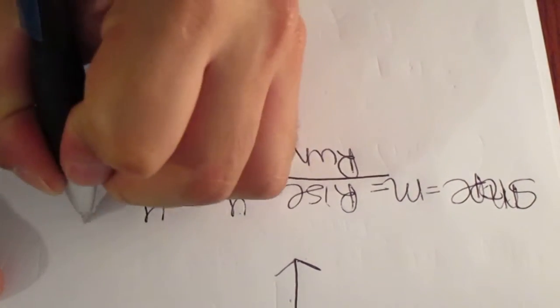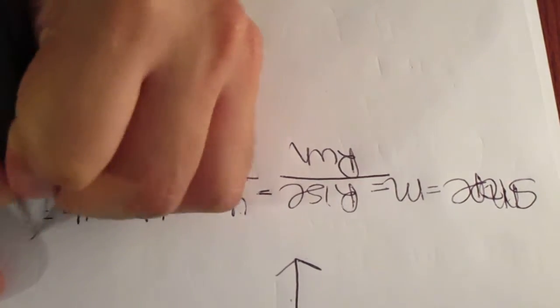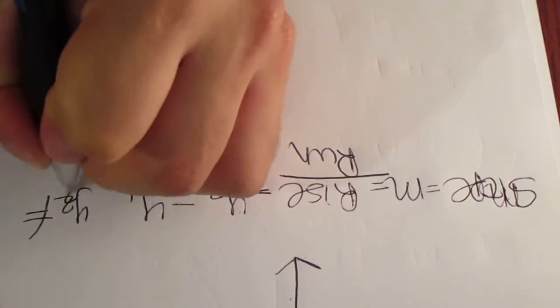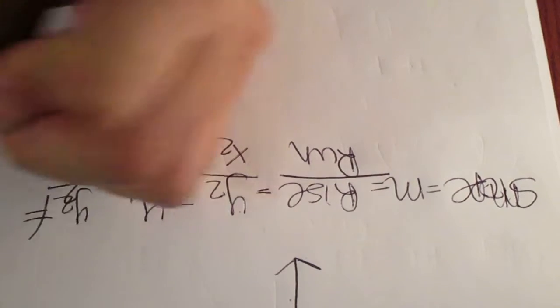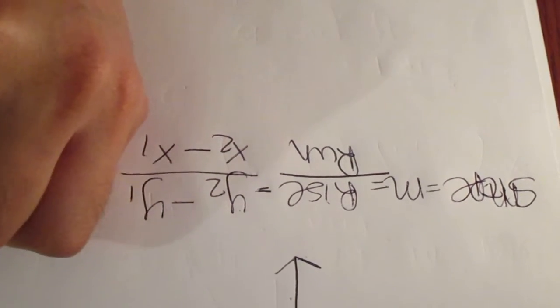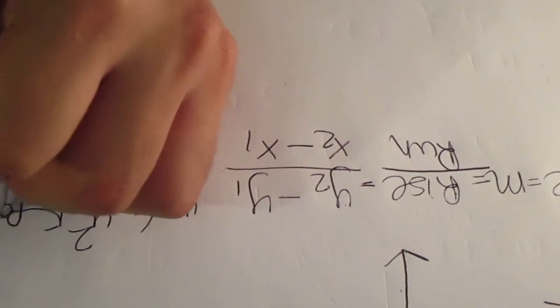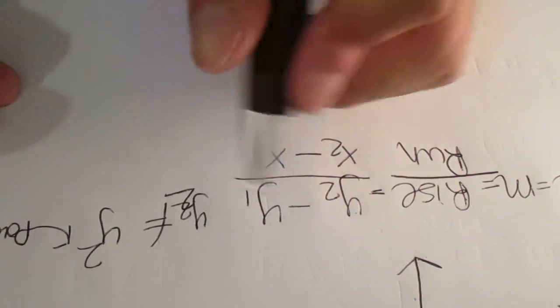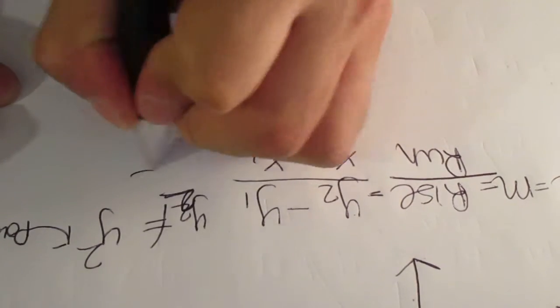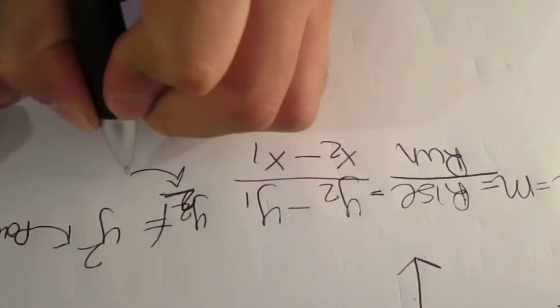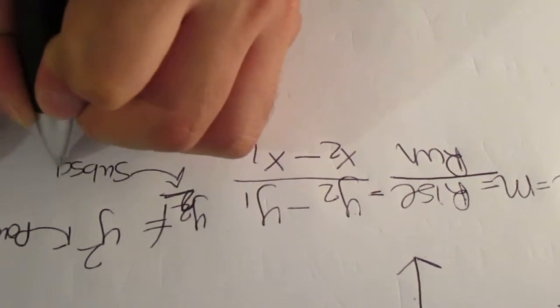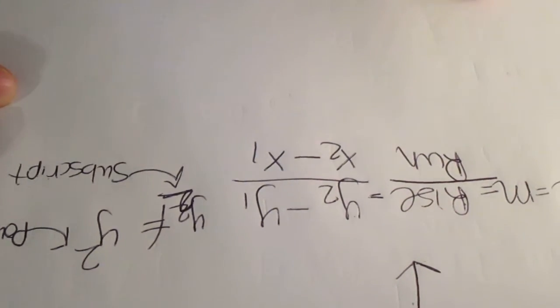You see, y2 does not equal y squared. That is a power, and this y2 is called a subscript.